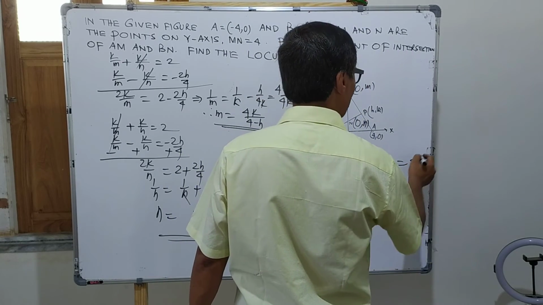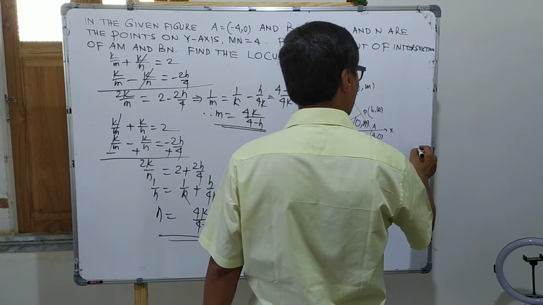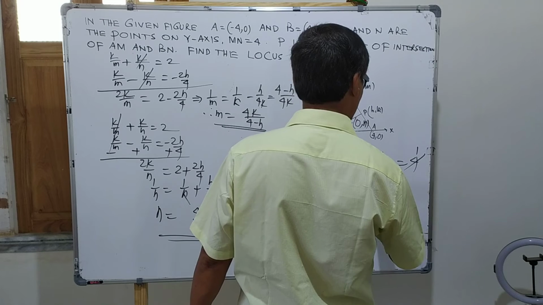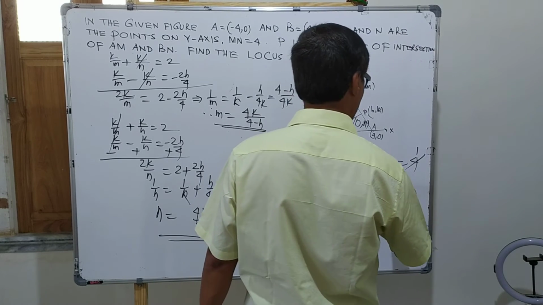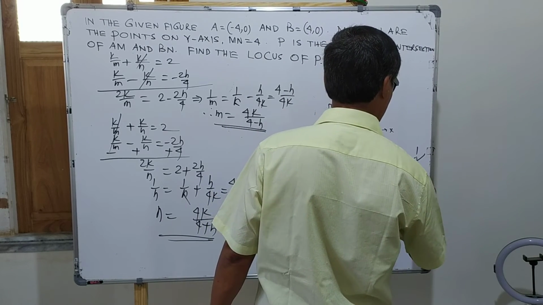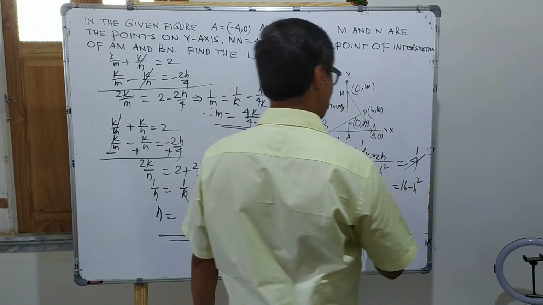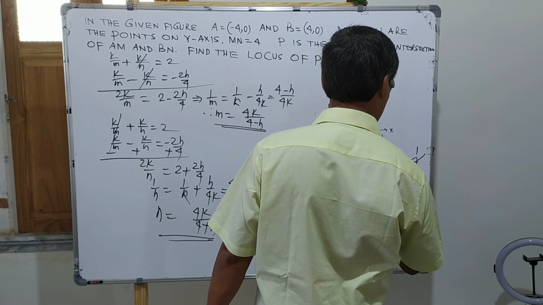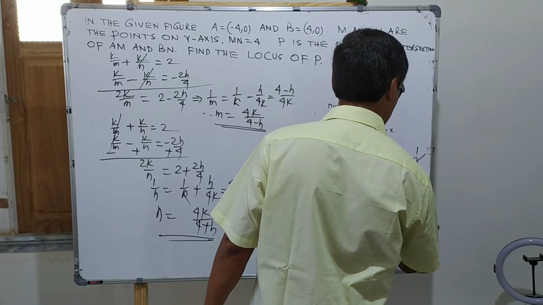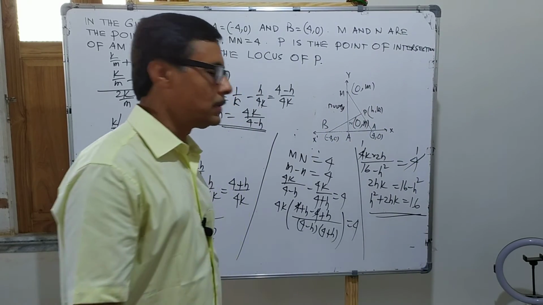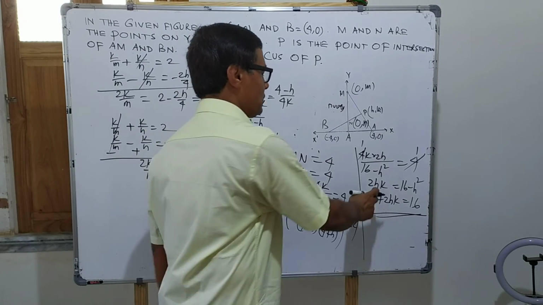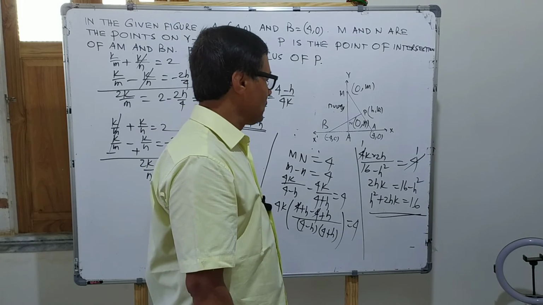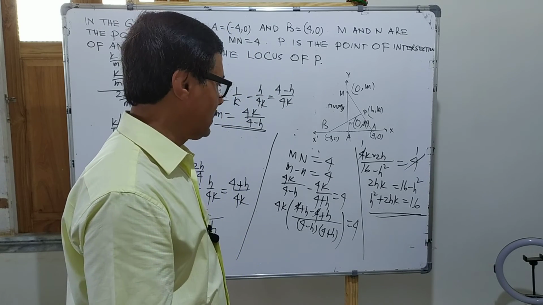Now we can cancel 4, that is 2hk equal to 16 minus h square, that is h square plus 2hk equal to 16. We have got this equation in terms of h and k.